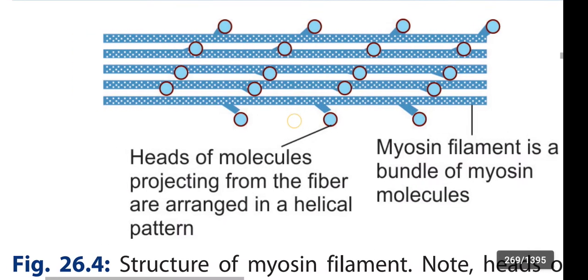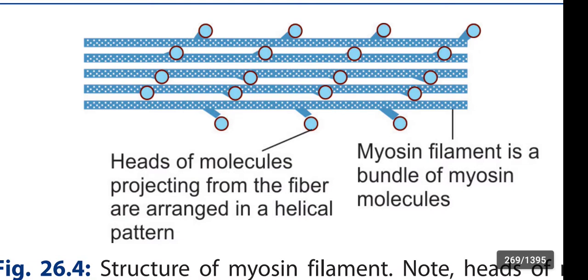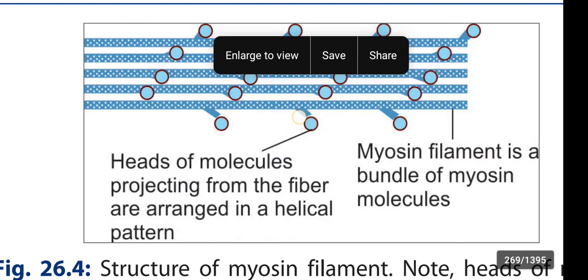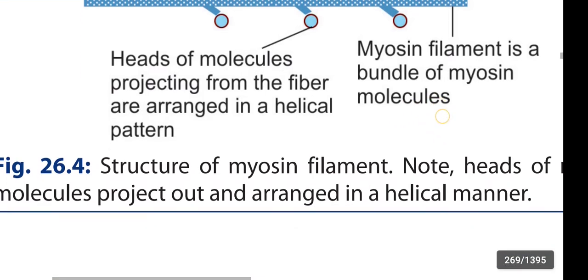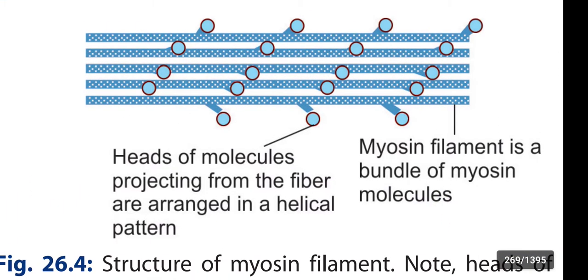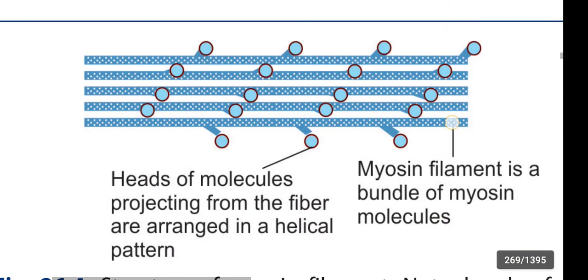The head is coming out. You may see here, this is in helical pattern. These heads are projecting out from this filament. And this myosin filament is a bundle of myosin molecules.